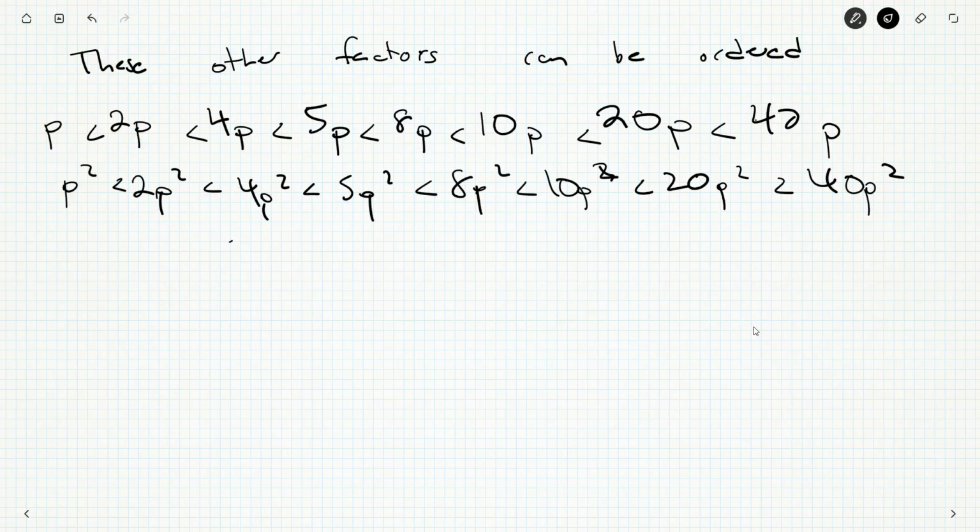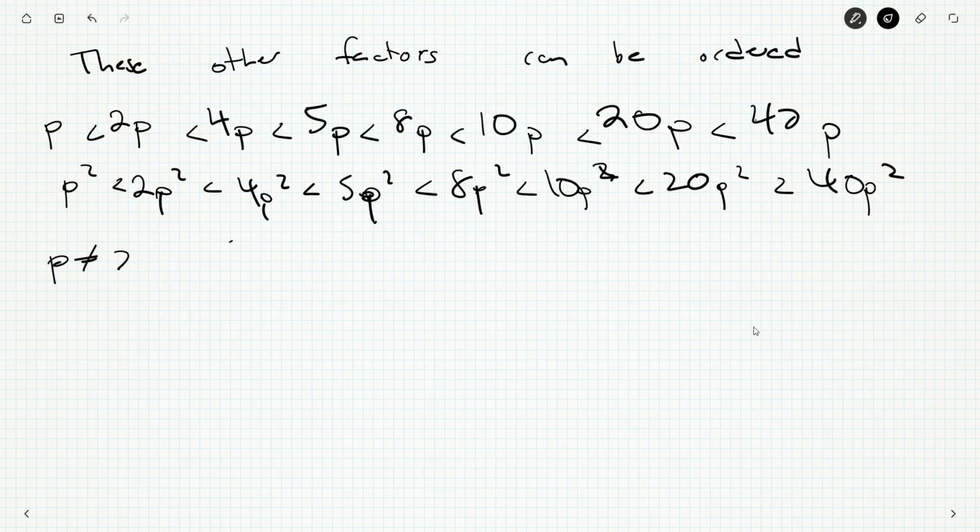Now, I don't know if 10p or 20p is bigger than 5p squared. I really don't. But I'll tell you what I do know. We need to have exactly the smallest one of these be less than 12, and then the next smallest be greater than 12.